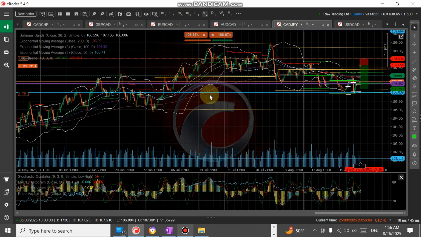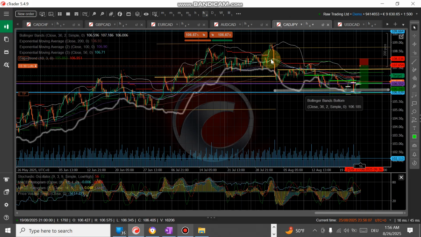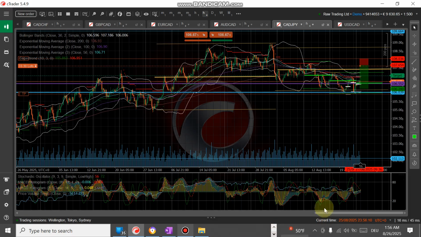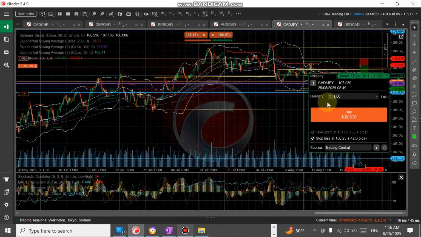Another, CAD JPY, also catching my eye because they're coming down here. First leg, second leg.